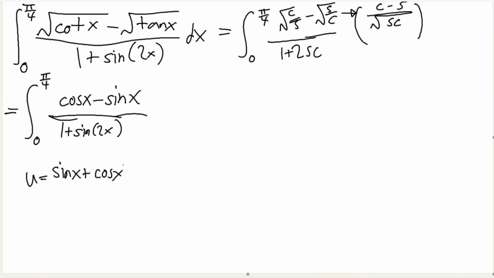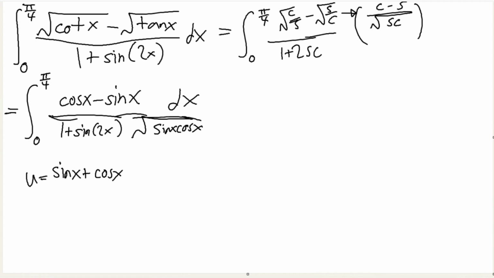There you go, that's what I meant to do. So we know that we're going to use this substitution because of this numerator, right? But what are we going to do with this? Let me show you. We're going to deal with this by using our u.